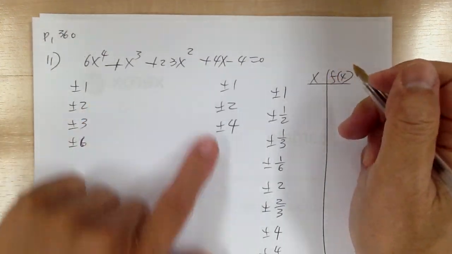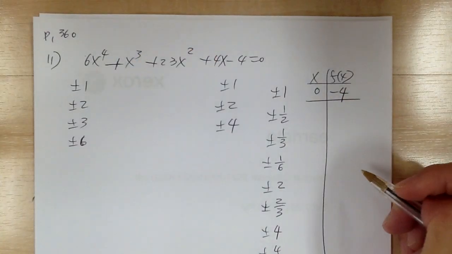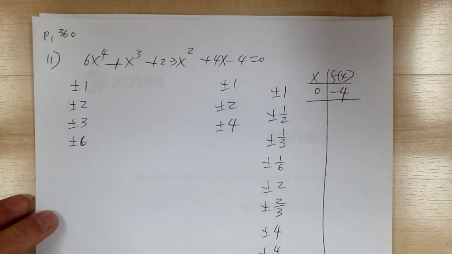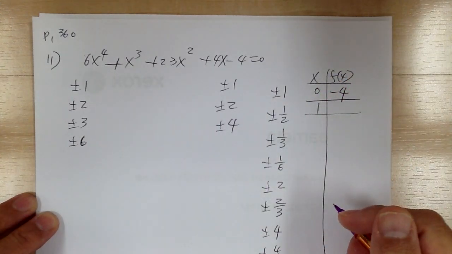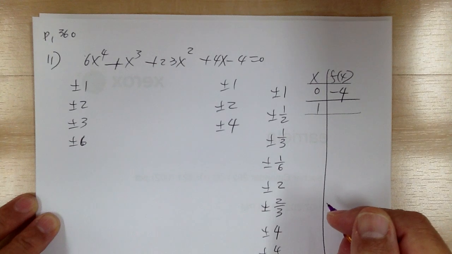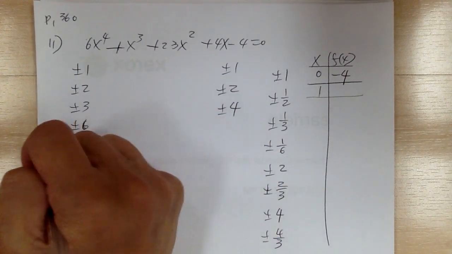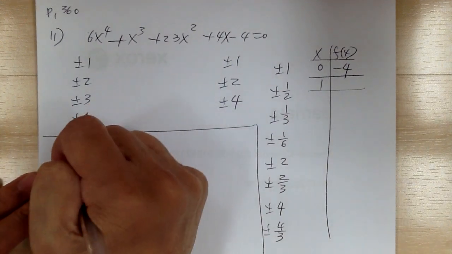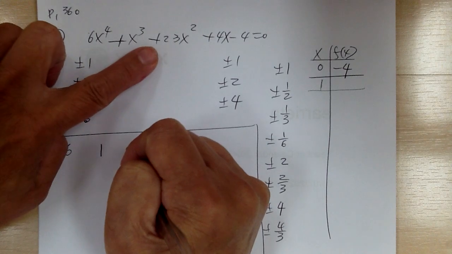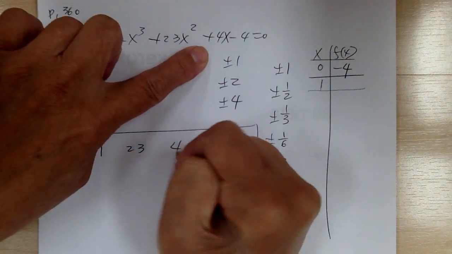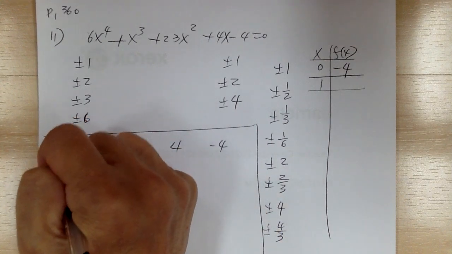Okay, so again, you want to try 0. When x equals 0, you're going to get negative 4. Okay, and I'm going to try 1. I'm going to always start with 1 so I can see if I'm going in the right direction or the wrong direction. So I can get the coefficients in: 6, 1, 23, 4, negative 4.